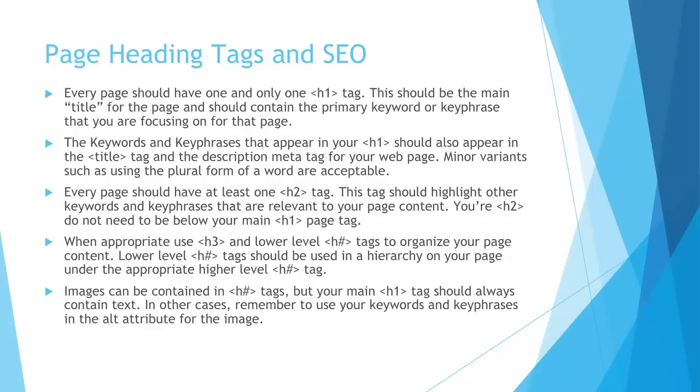If you have an H3 on your page, there should be a relationship to the H2 that comes underneath it, as far as the keywords and key phrases that you're highlighting. If there's not a relationship between the H3 and the H2, well, that's an indication that that's not really a third level heading. That's a different heading altogether, so should probably be an H2.